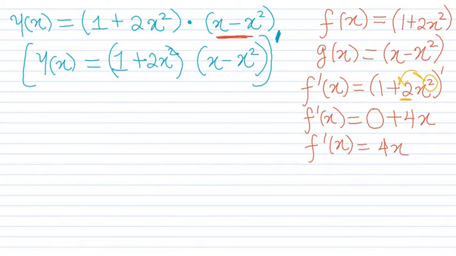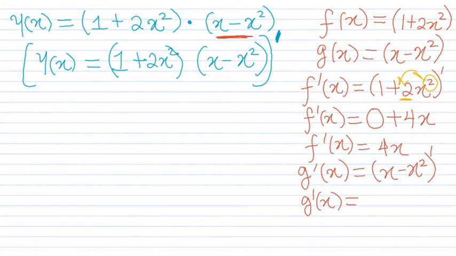Now we're going to do the exact same thing for g of x. I hope I'm not confusing anybody. I'm going to do it twice, so hopefully you're going to understand it. g prime of x is x minus x squared, prime. What is the differentiation of x in this case? That's 1. What's the differentiation of negative x squared?